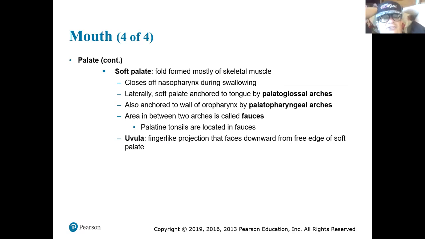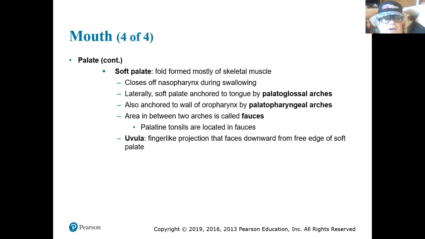At the edges, the soft palate is hooked to the tongue by the palatoglossal arches, and to the interior wall of the oropharynx by the palatopharyngeal arches. The area between the two arches is called the fauces. That's the opening. Your palatine tonsils are in the fauces.